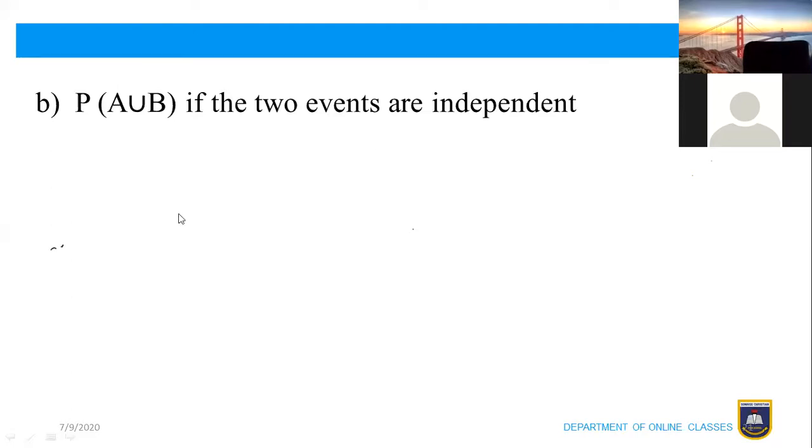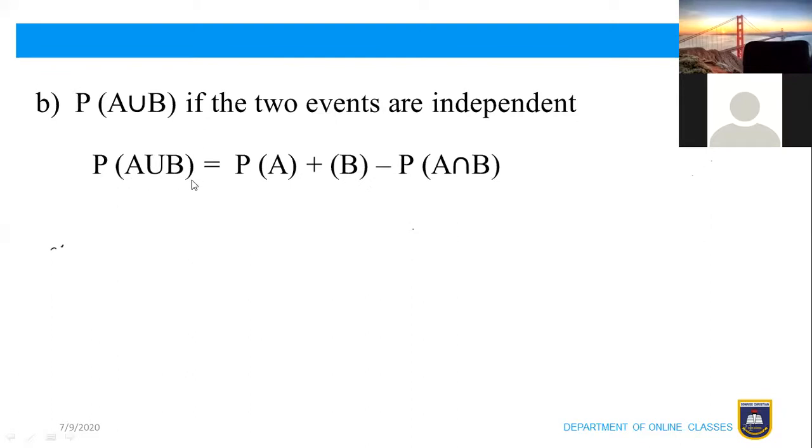We are going to have probability of A union B will be equal to probability of A plus the probability of B minus the probability of A intersection B.